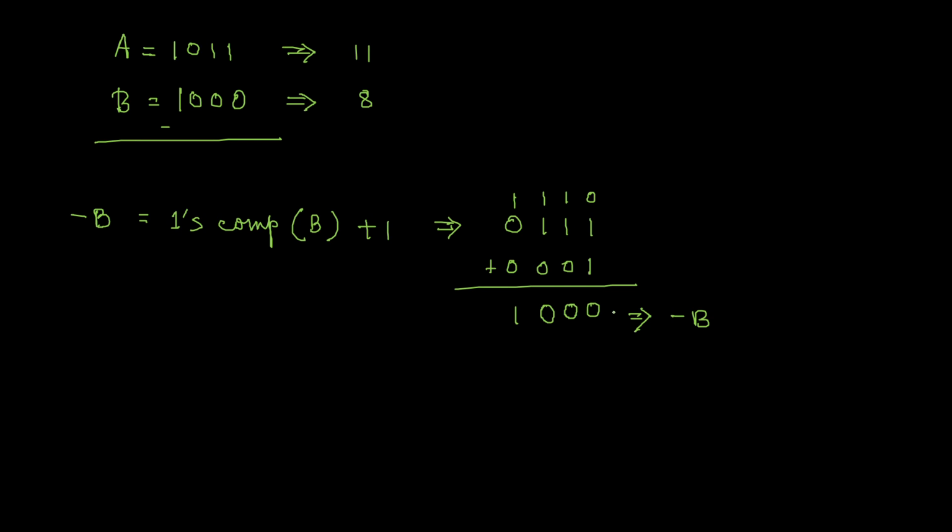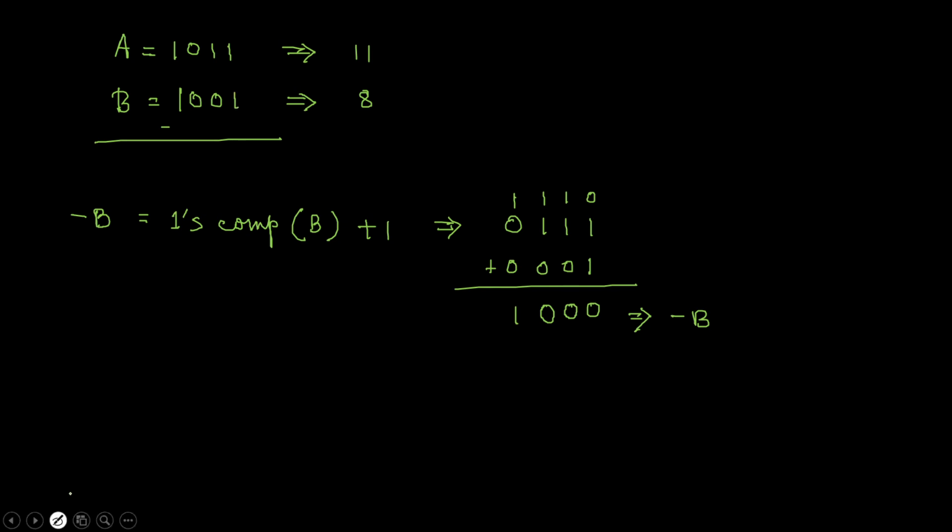Now what I have to do is just add this minus b with this a. If you are confused by this situation, let's do one thing. Suppose it is not 8. Let's take 9. Then it will be easier for you to realize.